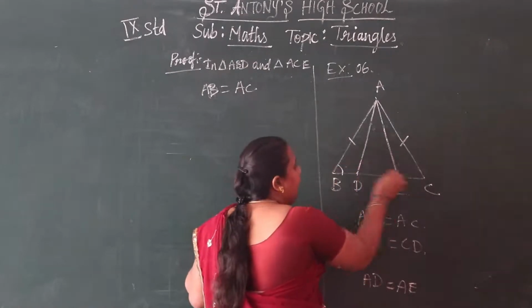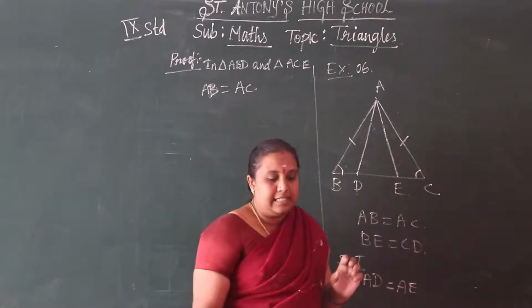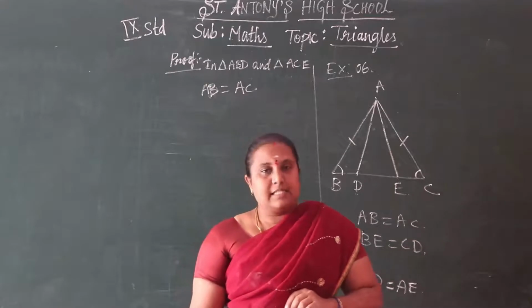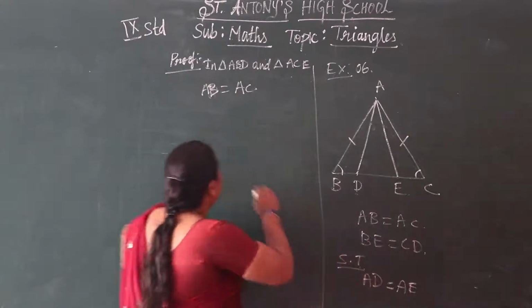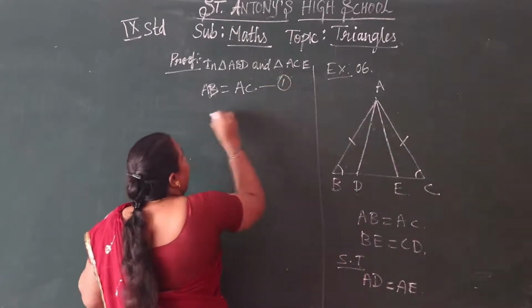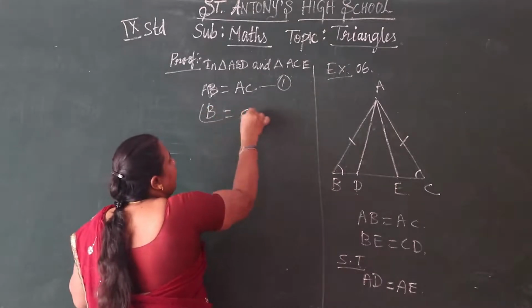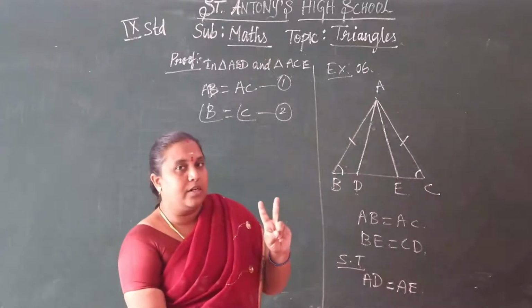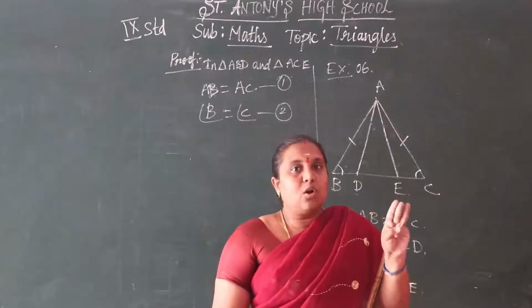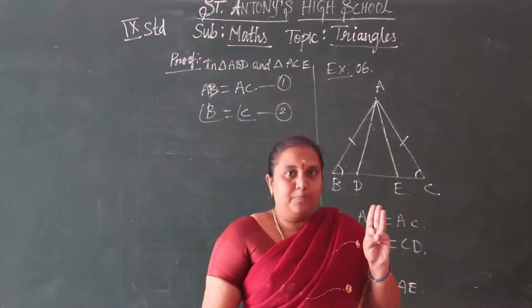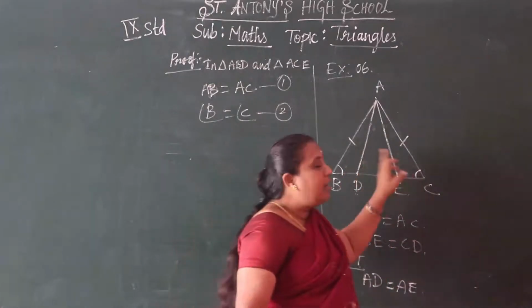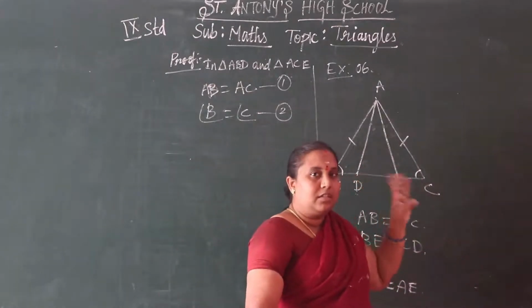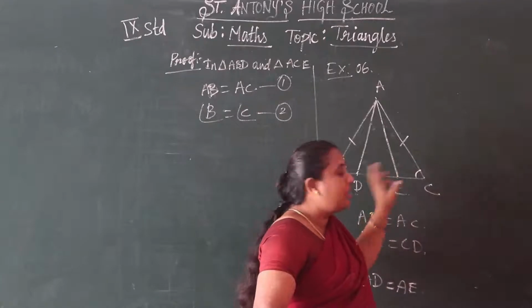So we can say angle B equals angle C. AB equals AC is equation number 1, and angle B equals angle C is equation number 2. We have two concepts over, so we want a third concept to say these two triangles are congruent.